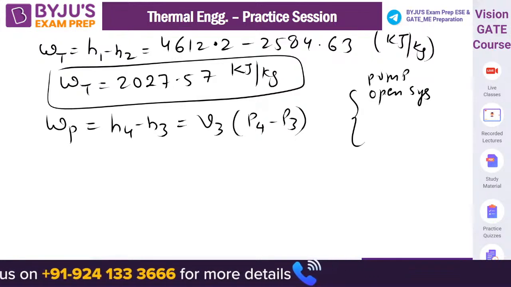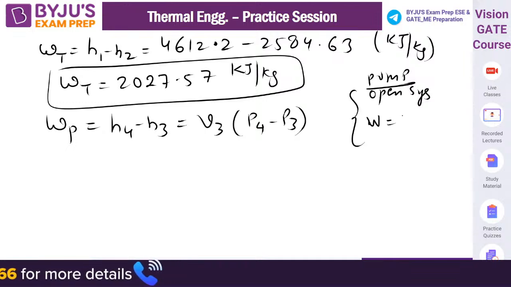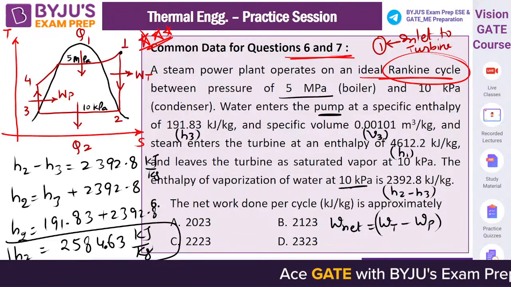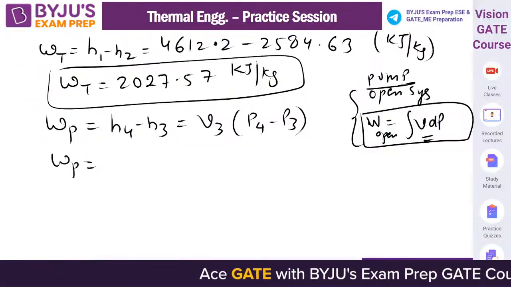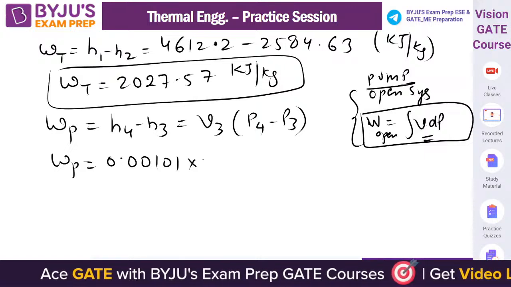Pump is an open system, so pump work is given by integration of VdP. For an open system, work is integration of VdP. So pump work will be equal to V3, which is 0.00101, into P4 minus P3.